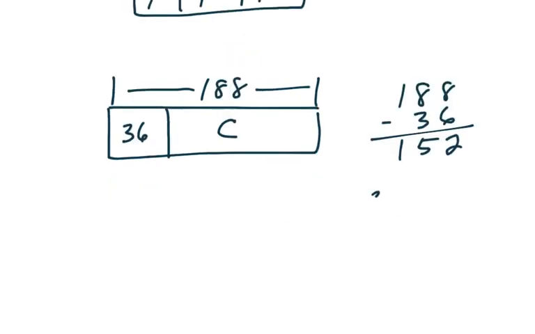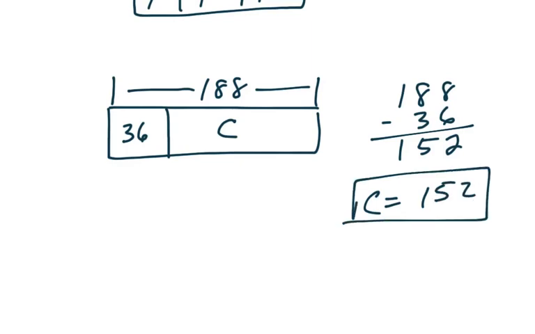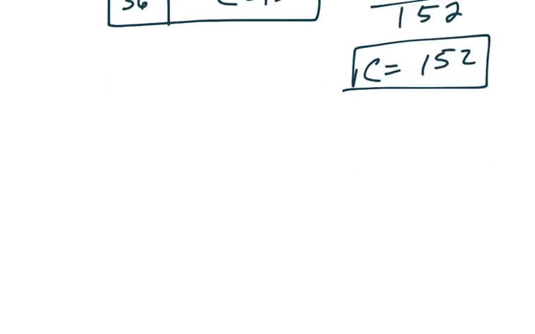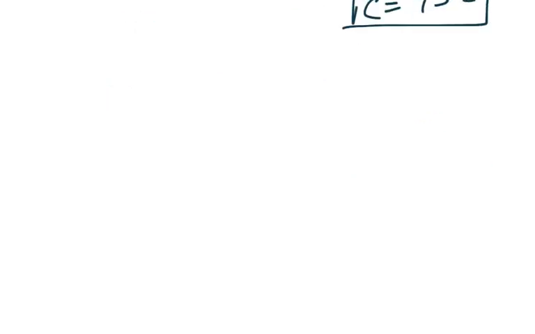So then we're going to say that C equals 152. And here, we can also put that in here, that C equals 152. And so this part and this part make up this whole total of 188. Remember, this is just another way to try to solve equations. So let's look at one more.